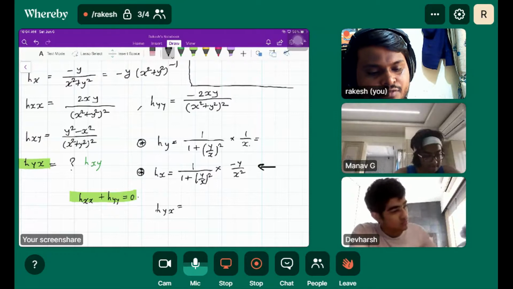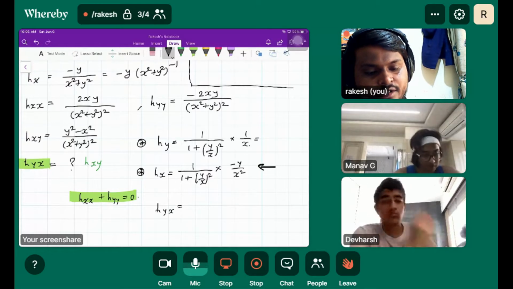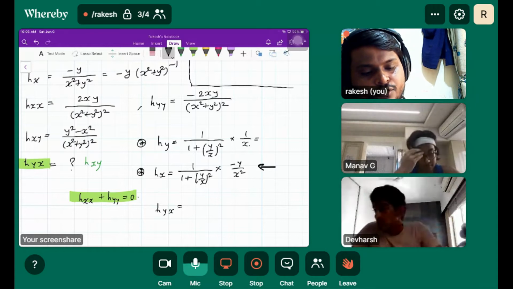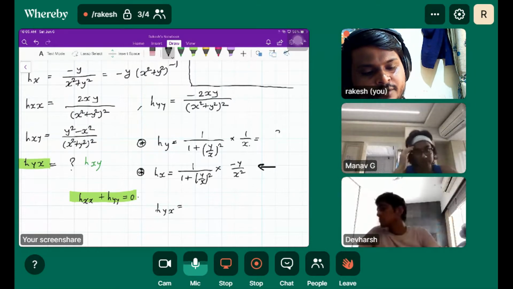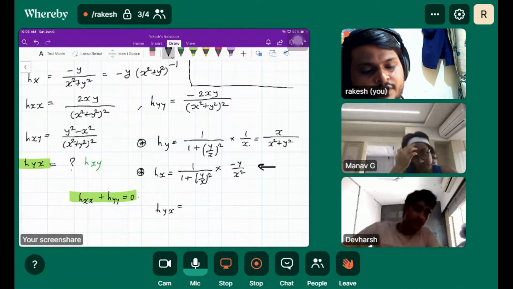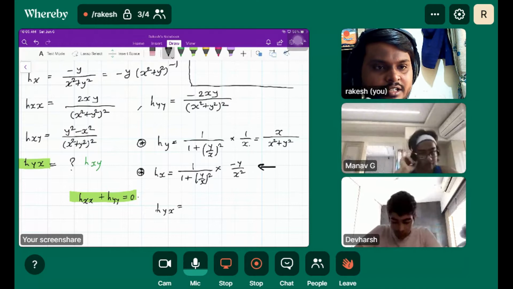So let's first simplify this. x is variable. I think if you simplify this properly, you will get x over x square plus y square. Is that correct?